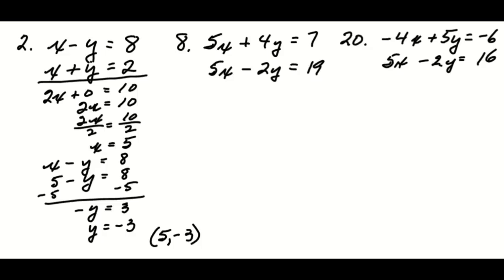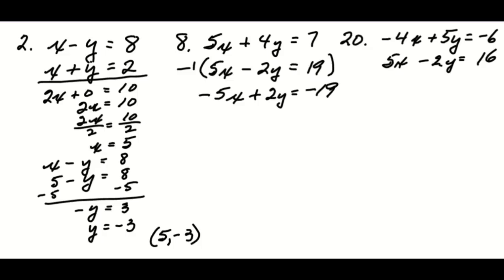In number 8, we have identical x terms, but they're both positive. What I want to do is make one of them negative. So with this second one, I'm going to multiply that whole thing through by a negative 1. When I do that, I'll have negative 5x plus 2y equals negative 19.